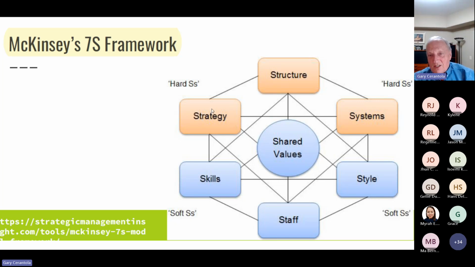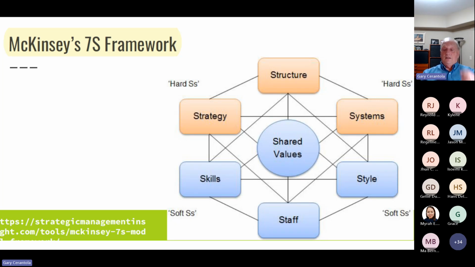So strategy is the strategy of the organization. Structure, we talked about all along now. The systems are like enterprise resource planning system, the accounting system, the PeopleSoft systems, the production systems that drive the machines. The shared values is the core values of the organization. The style, and relates to what we've been talking about now for the last 3 weeks, is the style of management.